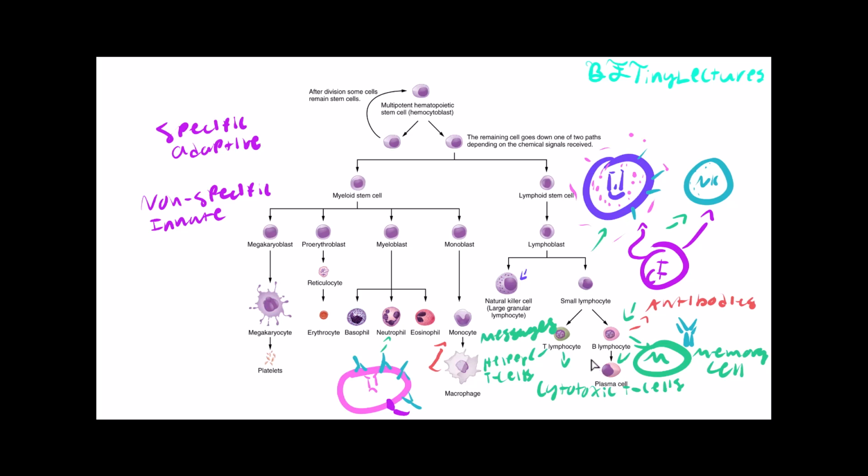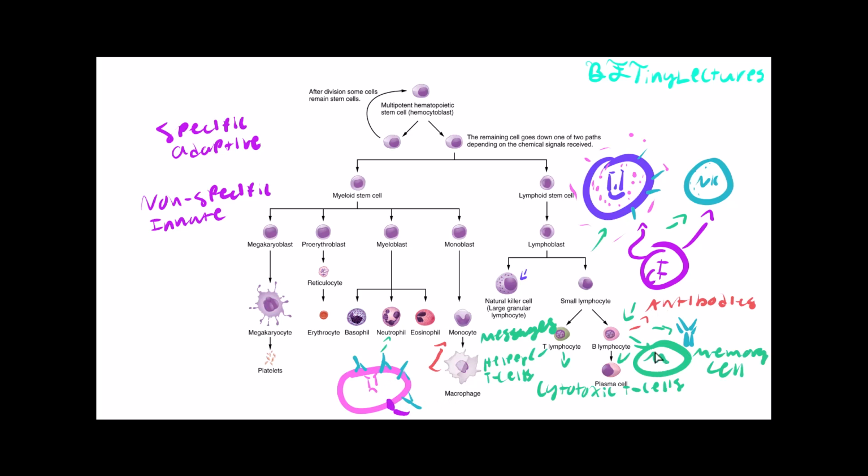I'm going to remember. So if we ever see this pathogen again, this memory cell is going to create a large amount of plasma cells. And these plasma cells have the antibodies that are specific to attach to this pathogen. And then when the antibodies attach to this pathogen, a whole process happens that creates little holes inside the pathogen, and water rushes in and it kills that pathogen.